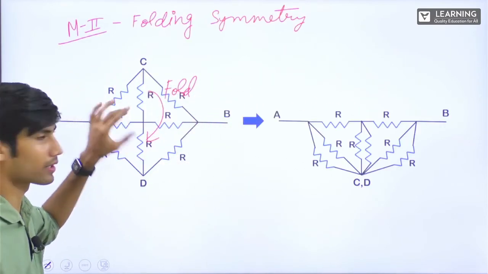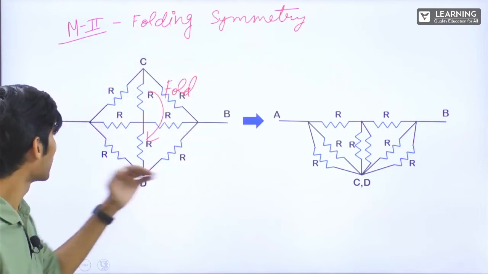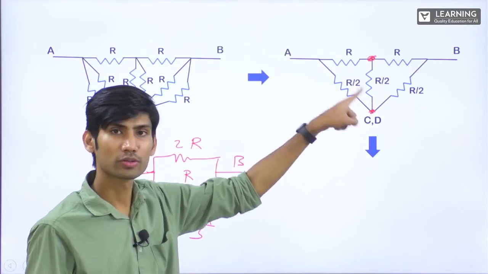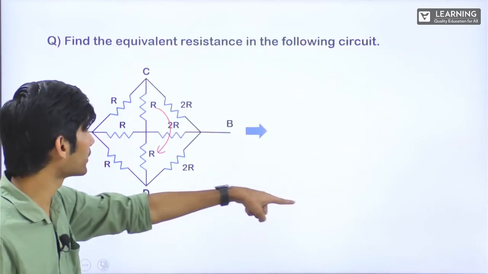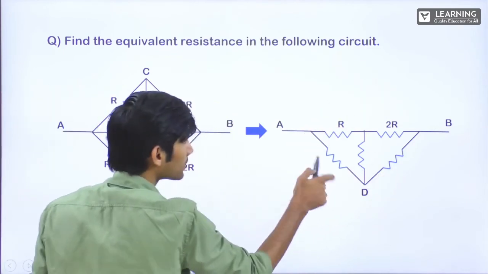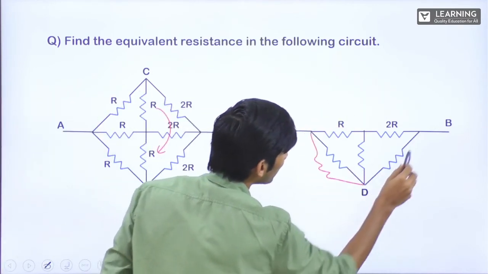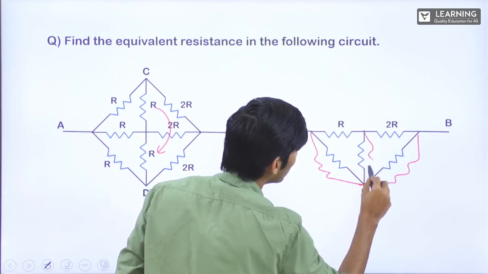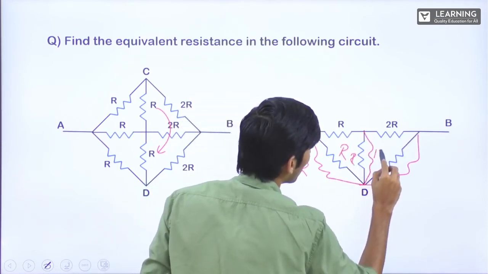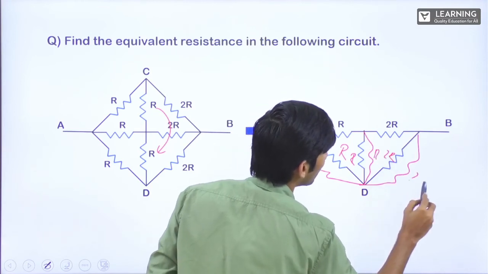This R and R is there. Only the upper part. This line will be there. These three resistances became half. Correct? So now, whenever we are applying folding symmetry, you should know this. What will happen? I have folded this. This will be no doubt parallel. This will be parallel. There will be one more parallel. R, R, R, R, 2R, 2R.